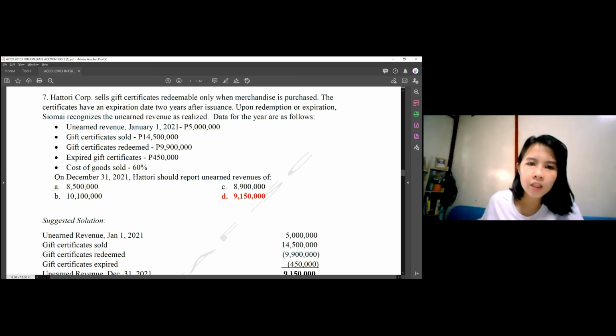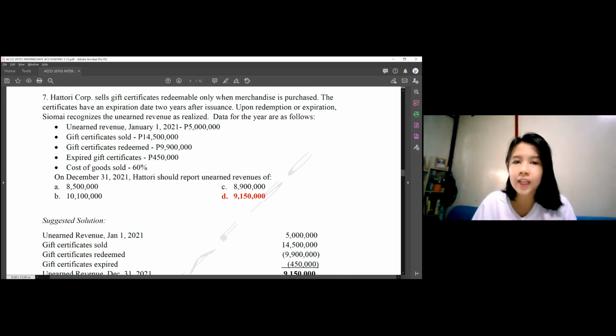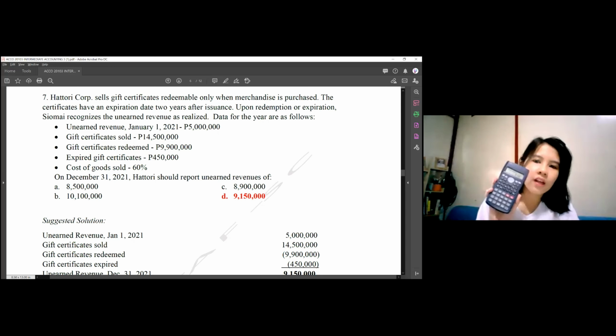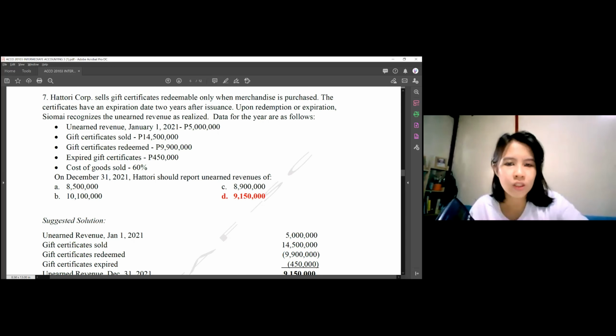Then, ang sabi may na-redeem daw na 9.9 million. So, ibawas natin siya. And then, lahat ng nag-expire, di ba? Because that's a gain to us. Gain na natin yun na nag-expire siya na hindi nila nakiklaim. Diba? So, tanggalin na natin siya sa unearned revenue because it's already a gain. So, the result would be 9,150,000. So, nandito rin yun sa solution. That's letter D.